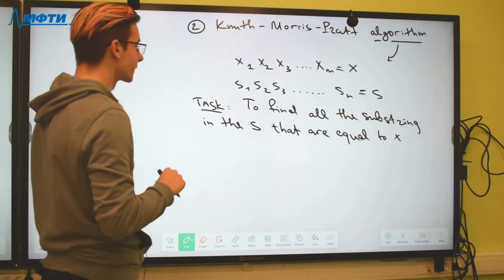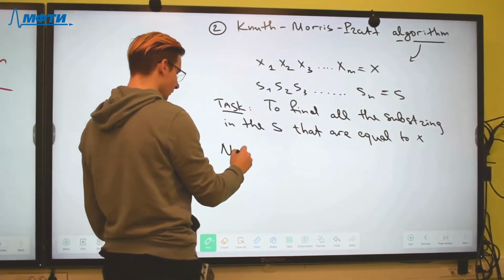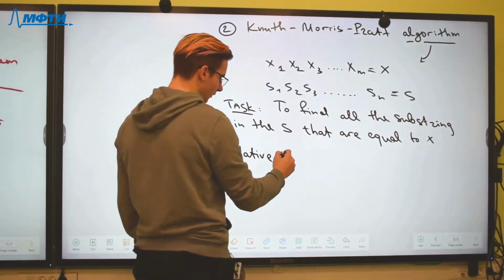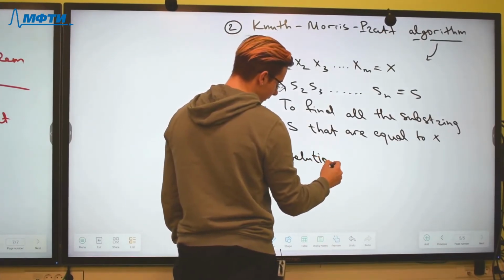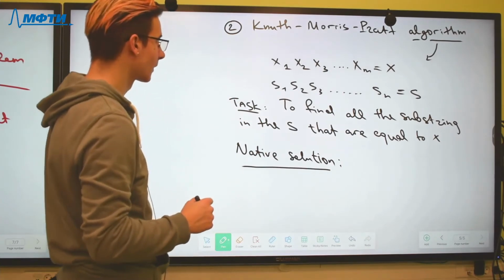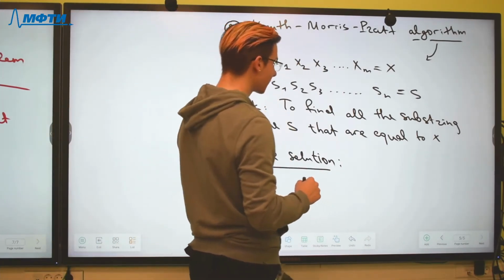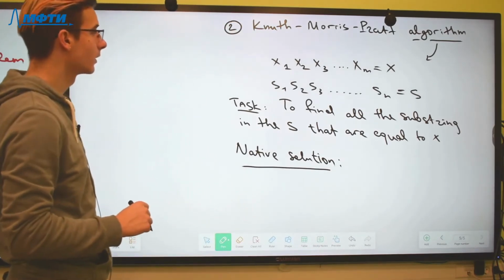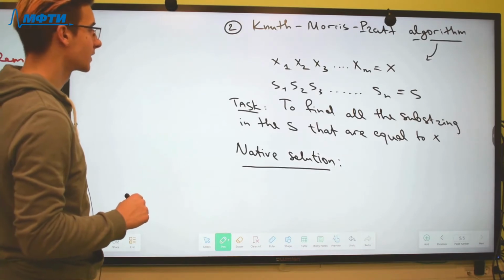What is interesting? Of course, we have a naive solution with space complexity O of n and time complexity m multiplied by n.